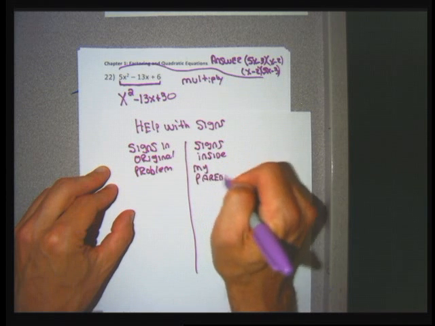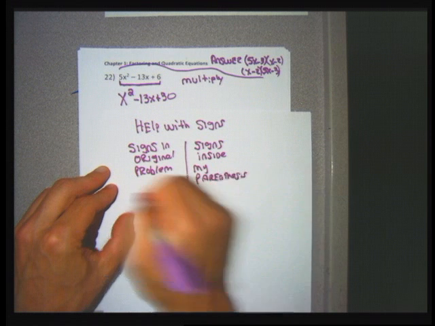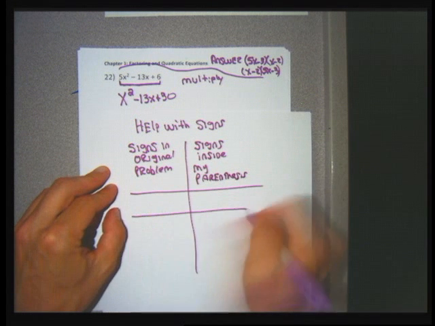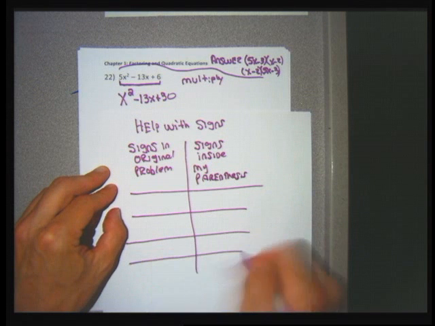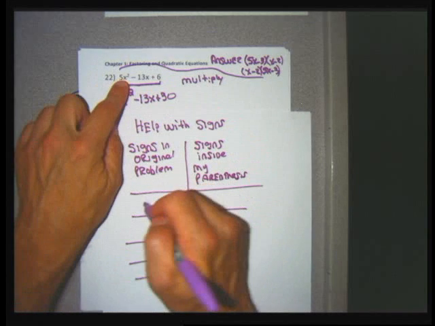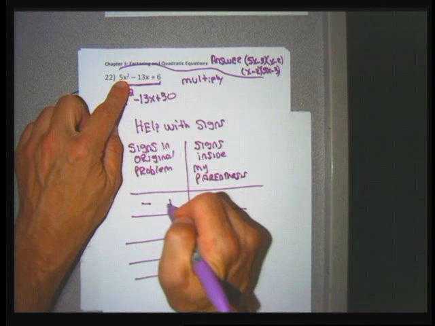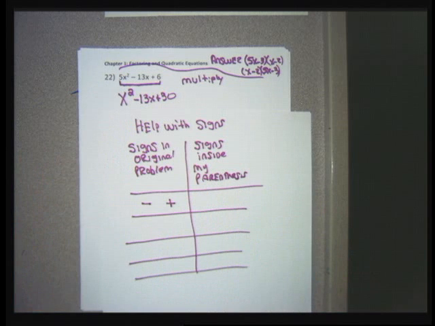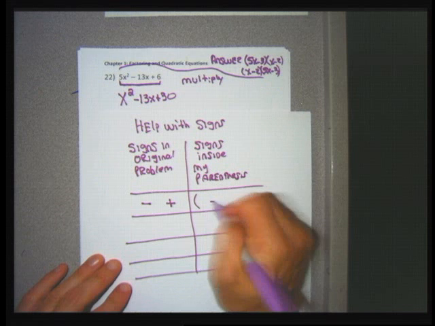So I can predict, based on the original problem, what signs are going to go inside my parentheses. In problem 22, the first sign is minus, the second sign is plus, and when that's the case, you get two minus signs.